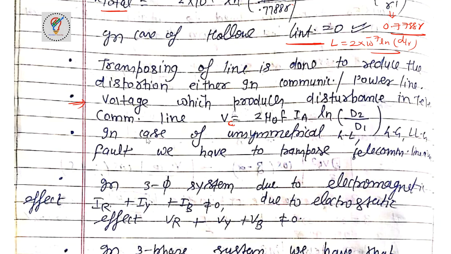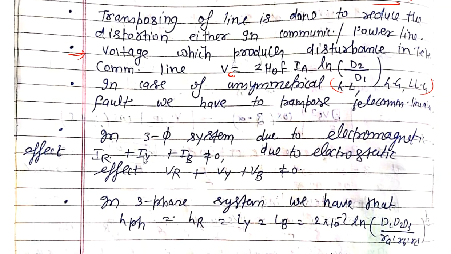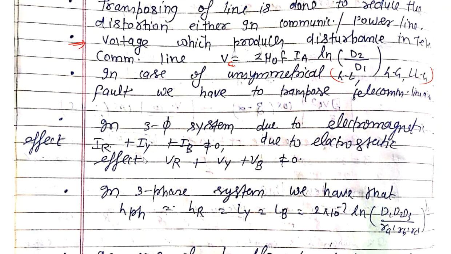In case of unsymmetrical faults, line to ground and line to line ground faults, we have to transpose the telecommunication lines. Why? Because if not, the inductance will be unequal, the voltage drop and losses will be more, and it will cause interference with the communication lines.